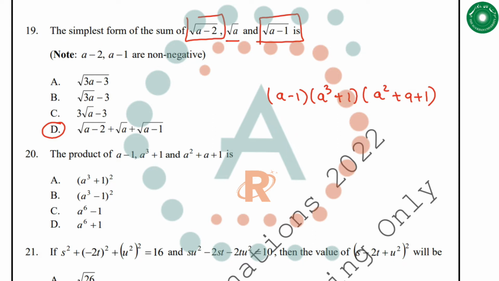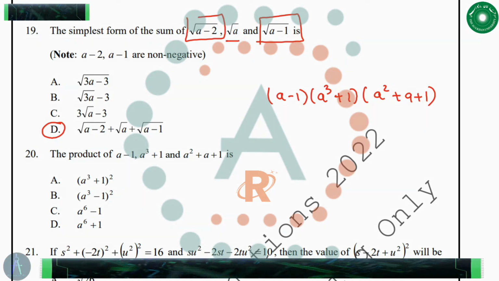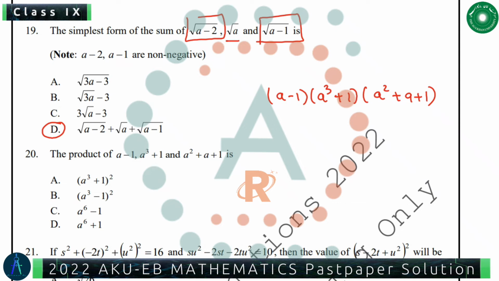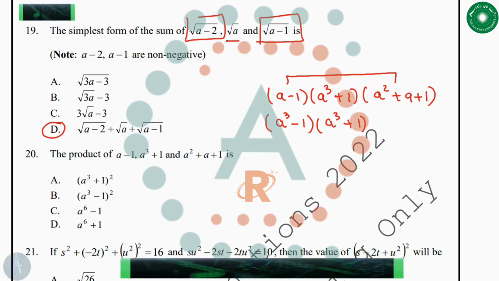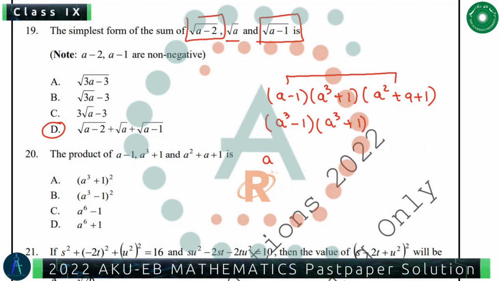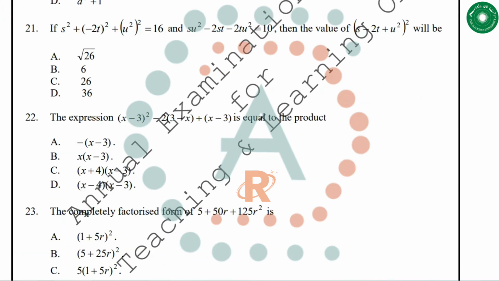We have to find the product of these three expressions. So the product of the first and third terms will be a cube minus 1, and then a cube plus 1. If we take the continued product again, we will get a6 minus 1. So option C is the right answer. Now let's see question number 21.